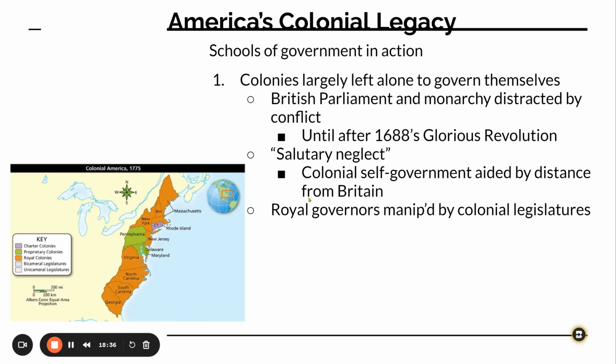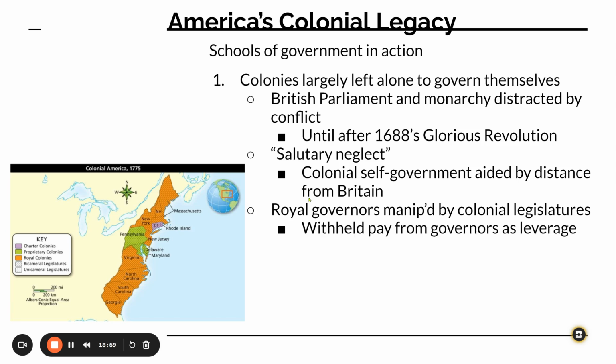Which leads into the next point that I've already thrown up there. Partly because of this neglect, legislatures were able to find ways to manipulate their governors. So we might have a royal governor that on paper is really powerful, has veto power over the laws that a legislature would like to pass.